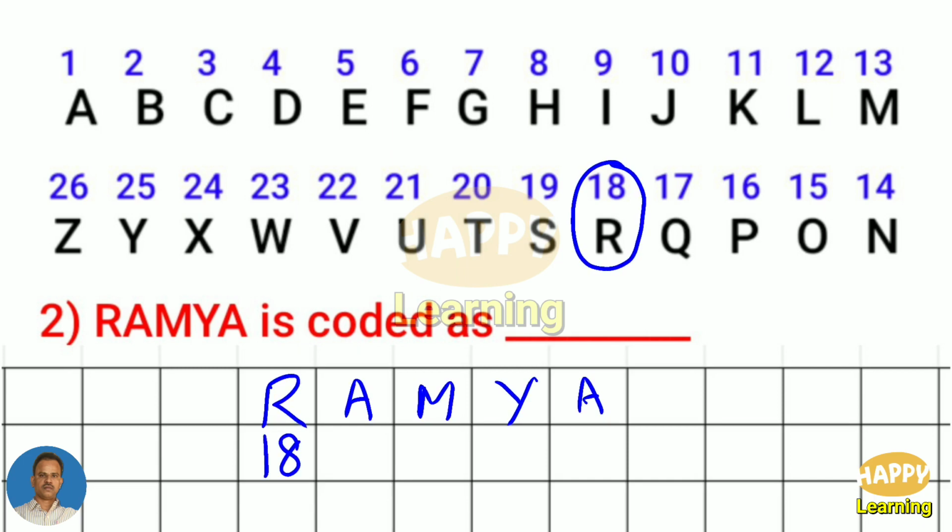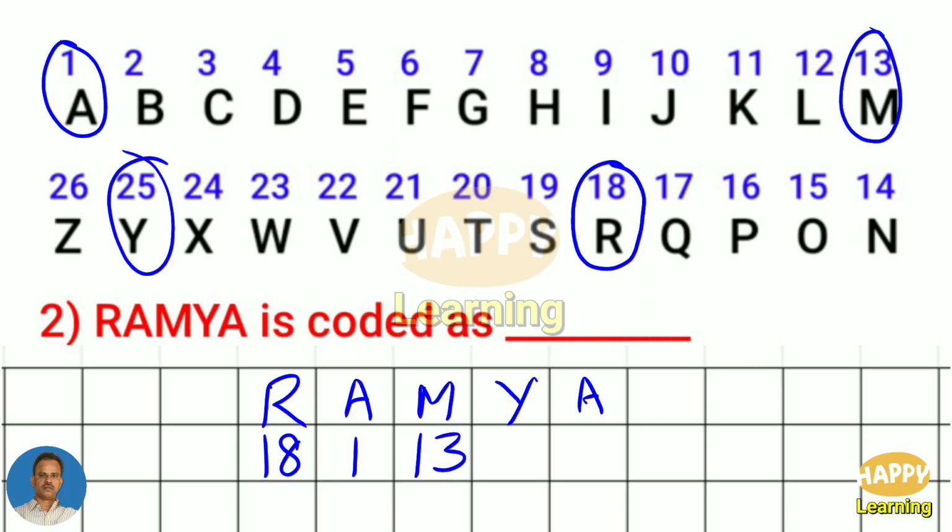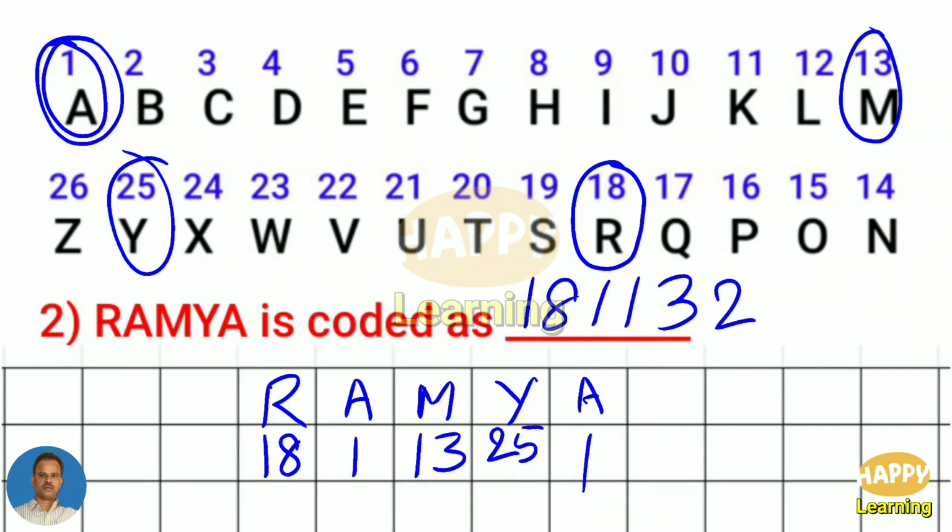So 18. A is coded as 1. So write 1. M is coded as 13. So I'll write 13. Y is coded as 25. So write 25. Again A is coded as 1. So write 1. So Ramya is coded as 1811321.